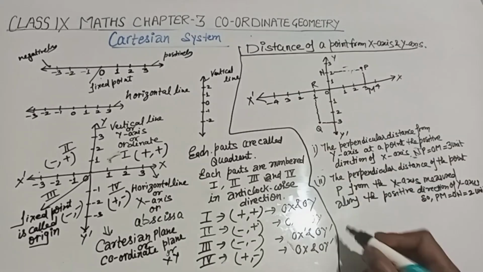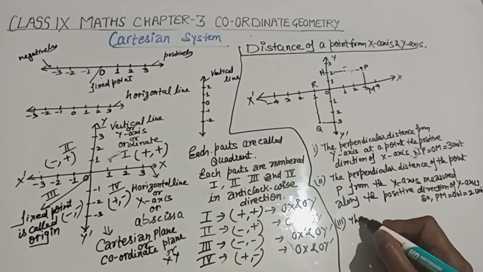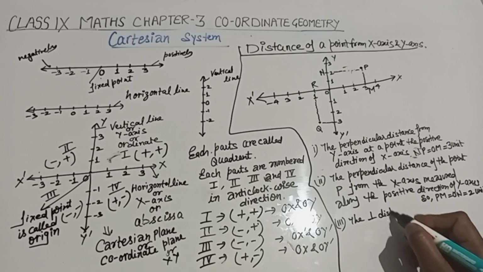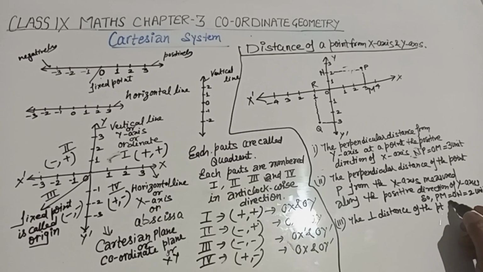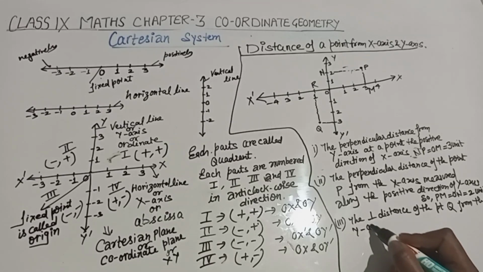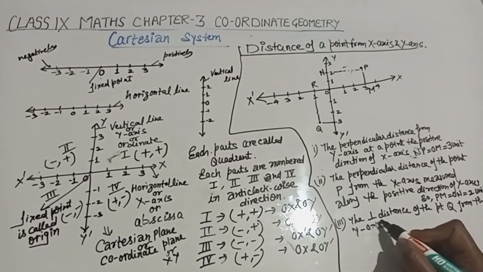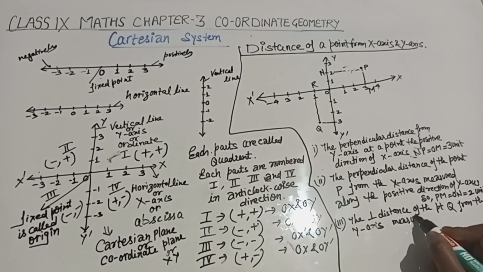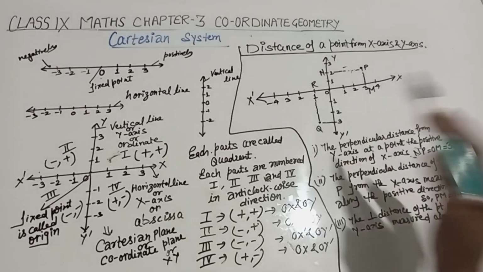Now the third one. For Q, the perpendicular distance of the point Q from the y-axis is measured along the x-axis.